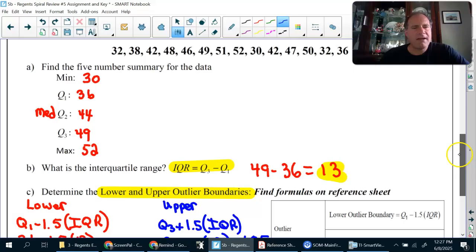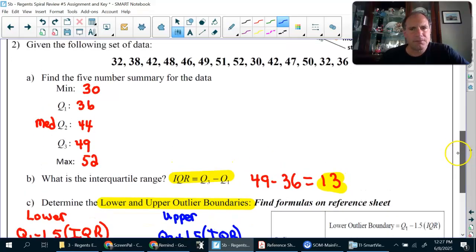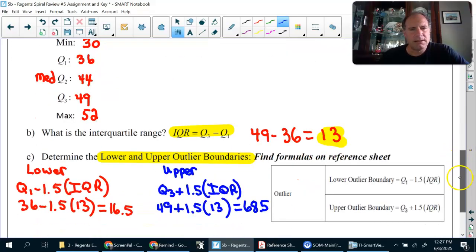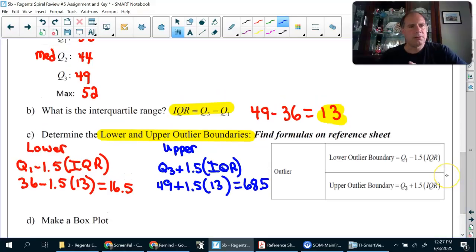So what we have here is we're looking to see if a number in the data set is lower than 16.5. If it is, it's an outlier. If it's greater than 68.5, then it's an outlier on that side. So let's look at 16.5.